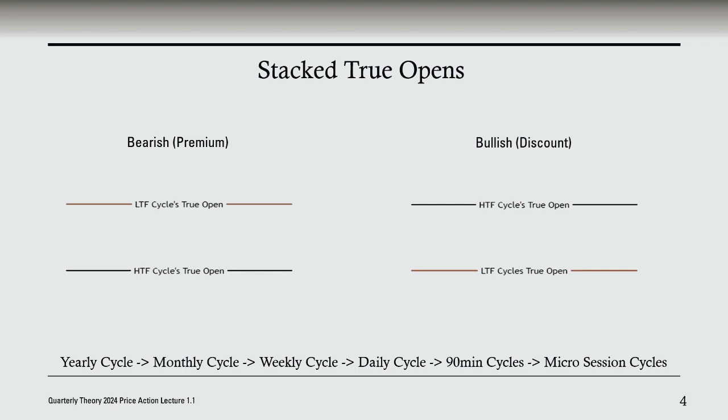So if you're looking at the 90-minute cycles to trade, which for 90-minute cycles you need the 5-minute time frame, right? Write this down. You need a 5-minute time frame when you're looking at 90-minute cycles.